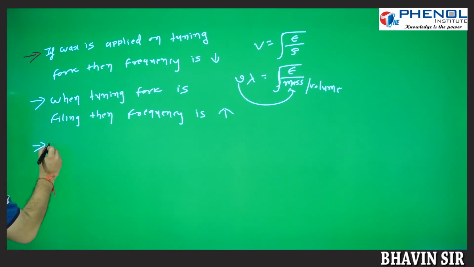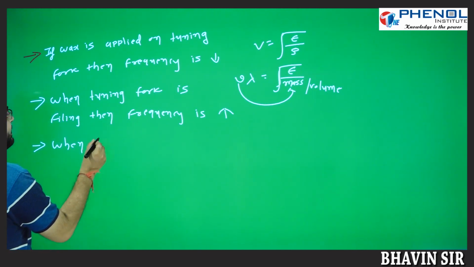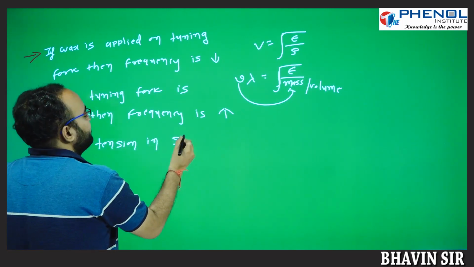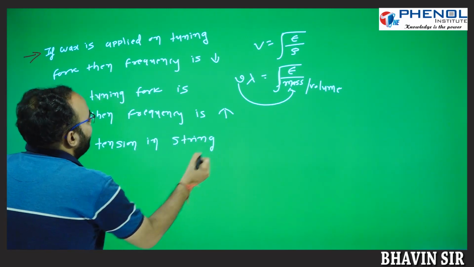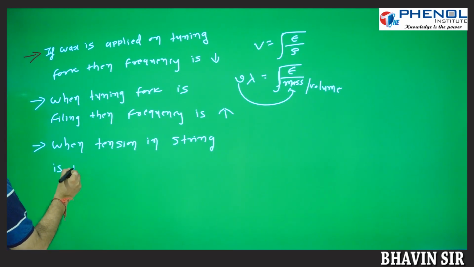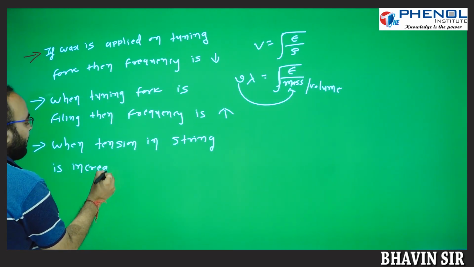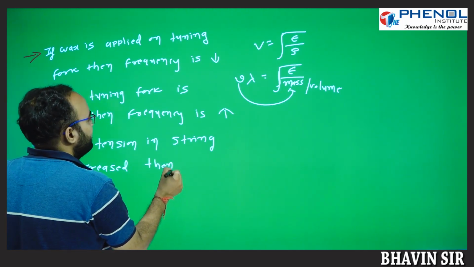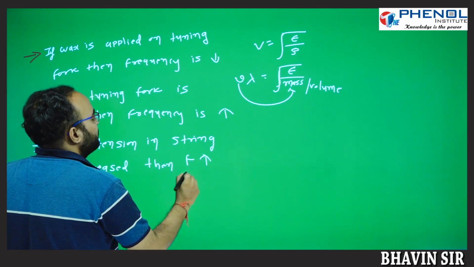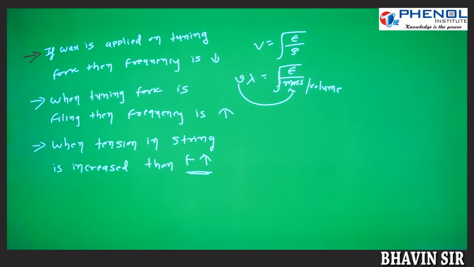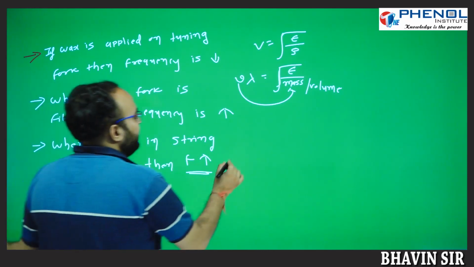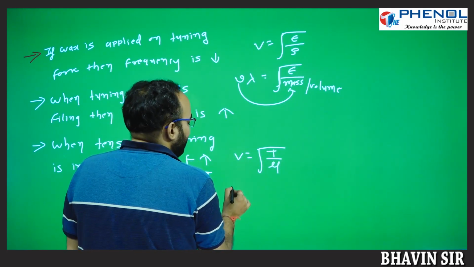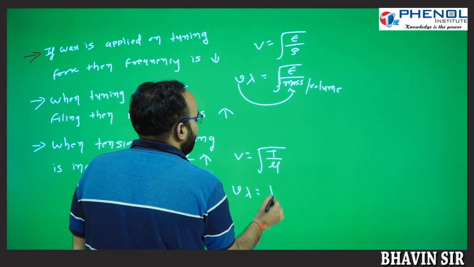And when tension in a string is increased, then frequency is also increased. Why? Because what is the speed of wave on a string? Root of T by mu. What is speed? Nu lambda.